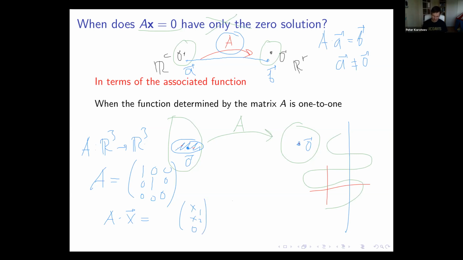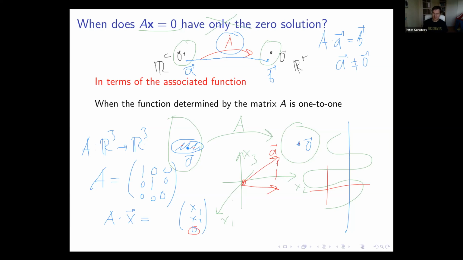Let's try to draw it. That's the x1, x2 plane, and say we started with some vector here. What it does is project this vector down to the x1, x2 plane, because the third component is always 0.